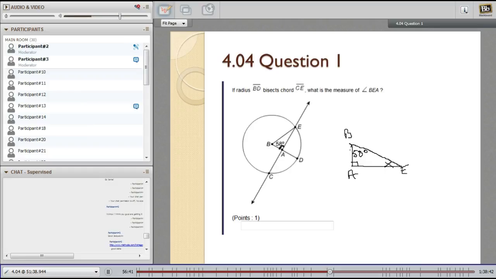Okay, and for this one, notice it's a fill in the blank on this quiz. Don't write degrees afterwards, just put in the actual number. If you type in degrees afterwards, the computer is going to mark you wrong. Okay, Jacqueline, go ahead.